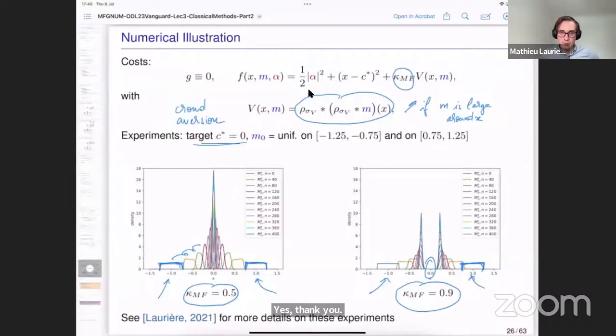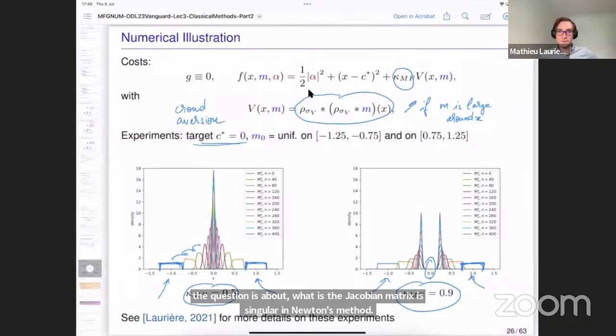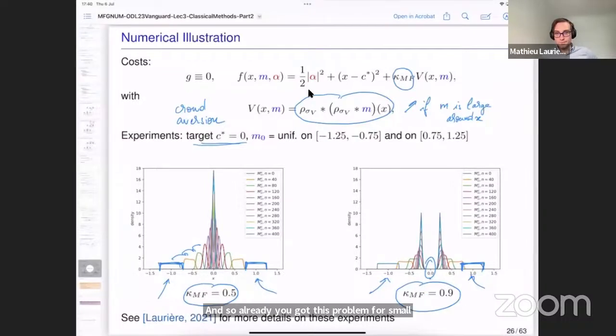So the question is about what happens if the Jacobian matrix is singular in Newton's method. And so apparently you got this problem for small viscosity. So I think it depends on the situation. Indeed, for small viscosity, the problem could become degenerate in some sense. So it's not completely surprising, but the Jacobian also depends on where you evaluate it.